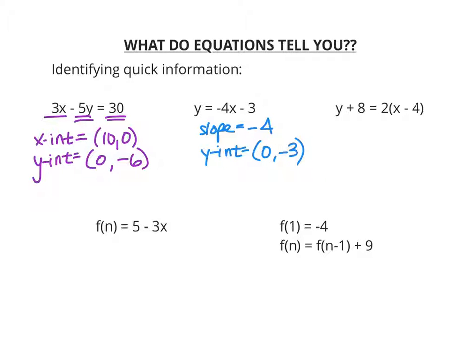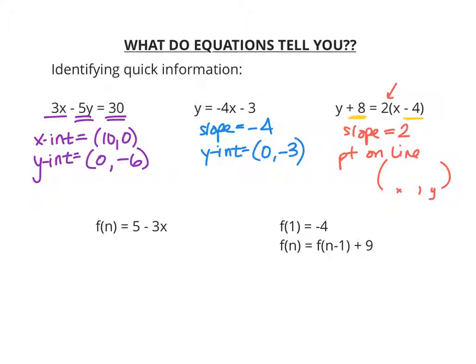All right, this last one is the one that you're not as familiar with. This is that point-slope form. The slope is 2, because we said the m goes in front of the parentheses there. So my slope is 2. And I know that these other 2 numbers make up an ordered pair, and when we write an ordered pair, it's x, y. So this is going to give me a point on the line. It's written as an ordered pair, x, y, and it's opposite of the way the equation gives it.